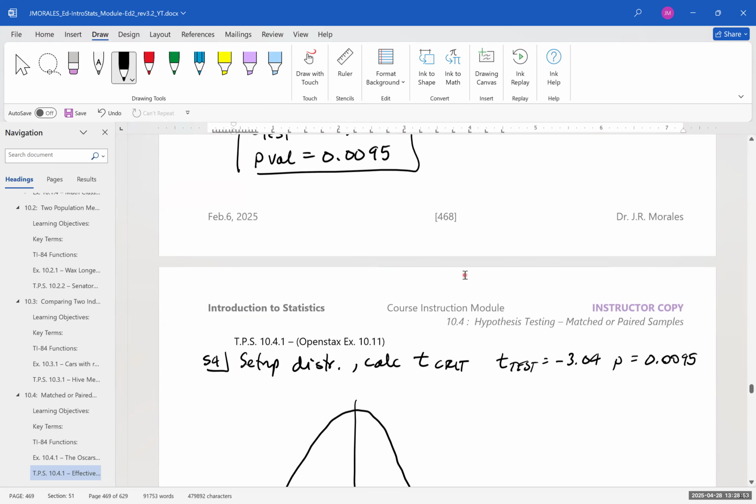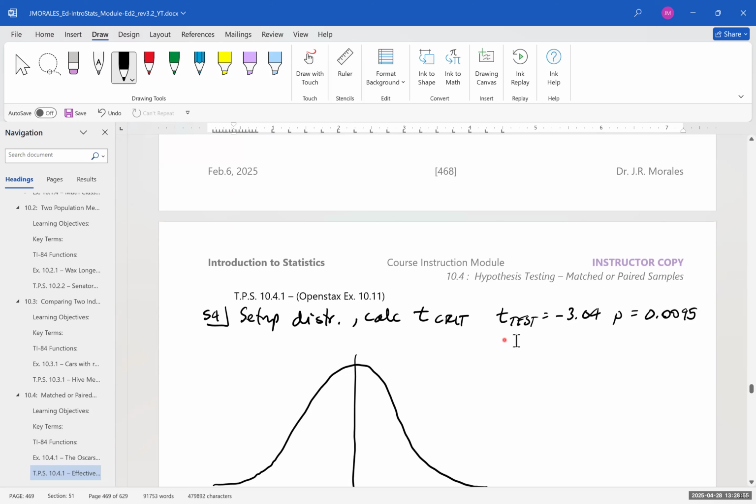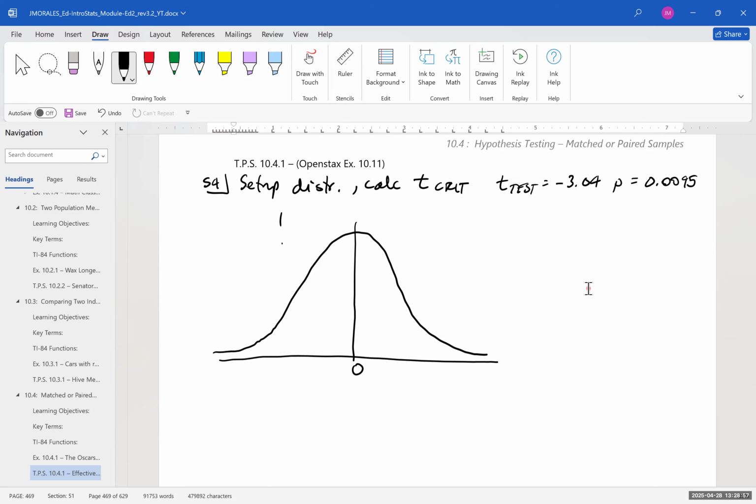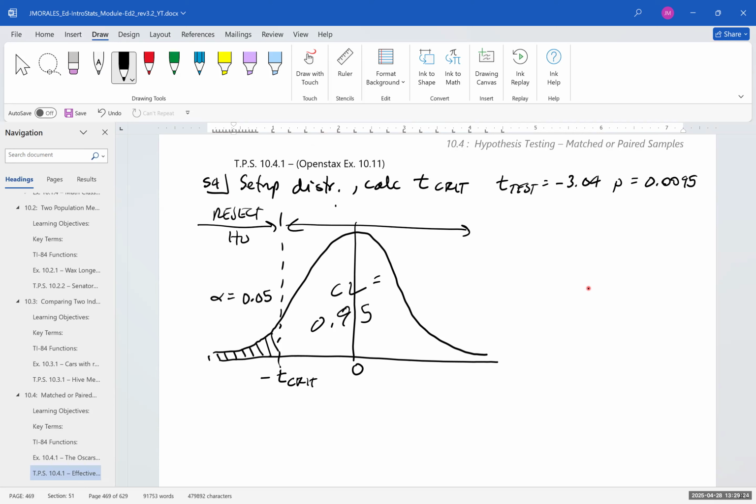This is going to be left-tailed, so that means we're going to have a negative t critical value. Here's my significance level, and the confidence level is 95%. We reject the null over the tail, over the significance level, and fail to reject everywhere else.